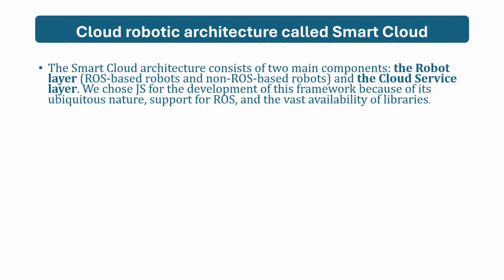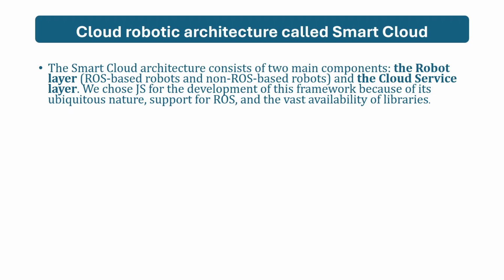Got it? And the cloud service layer. We use only JS libraries because these libraries are beneficial for the robots running on the ROS based system. Moreover, JS libraries are present everywhere. They are ubiquitous and the most widely used libraries over the internet.